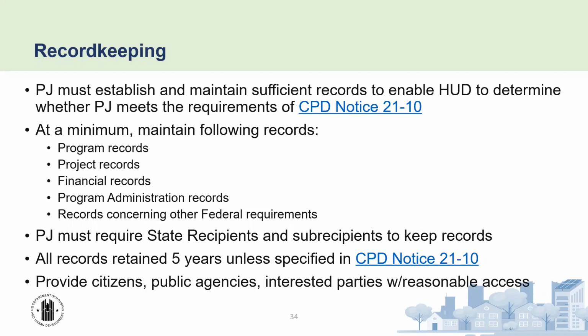Generally, all records must be retained for 5 years unless there are different record retention requirements specified in CPD Notice 2110. And finally, the PJ must provide citizens, public agencies, and interested parties with reasonable access to HOME-ARP records consistent with applicable state and local laws.